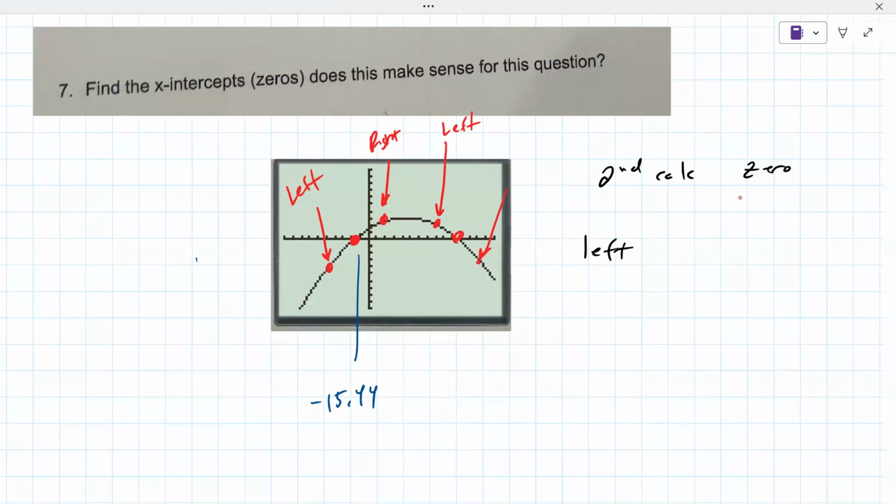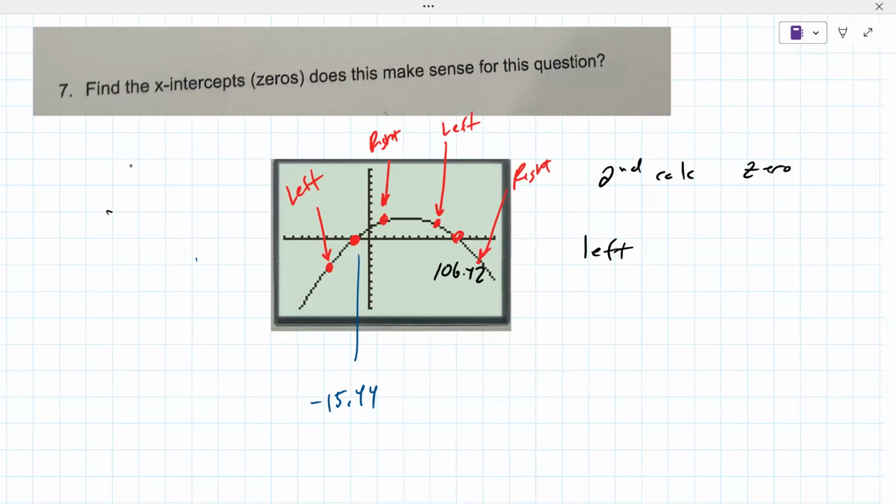Your right's a little bit below. And then your guess is going to be in the same spot. Okay, 106.42. Okay. So those are your x-intercepts.